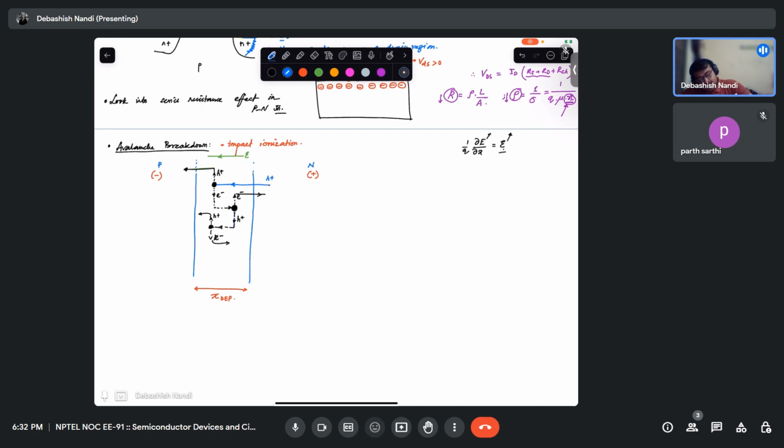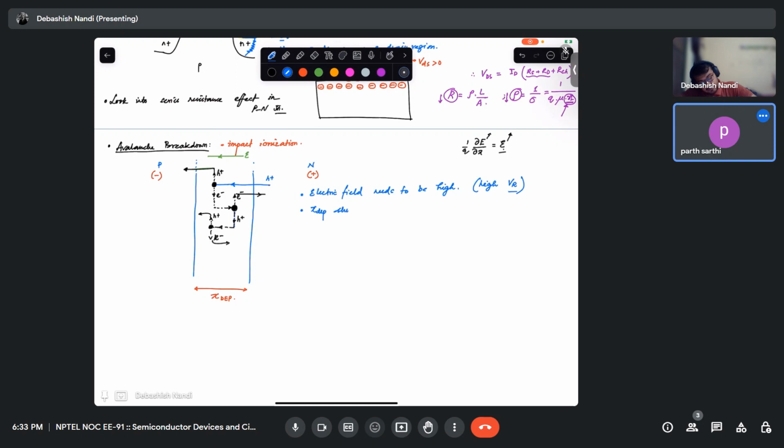So what are the points? The electric field needs to be high, that means it is a high VR or reverse bias mechanism. And what can you comment on X depth or depletion width? Should it be higher or lower?